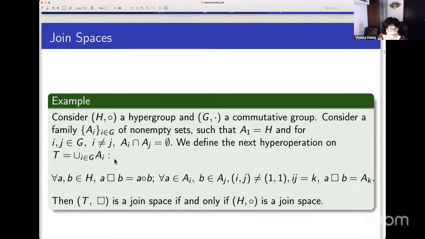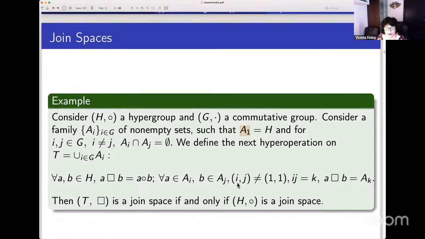Then we consider the union of these subsets, and for a, b in H, we have just the usual composition defined on H. If a is in H, it is just A_1.